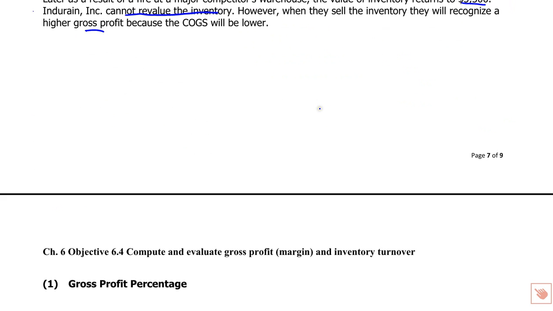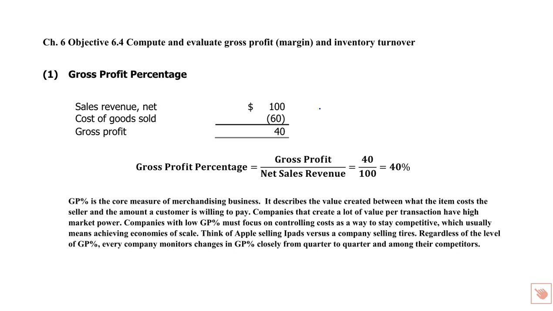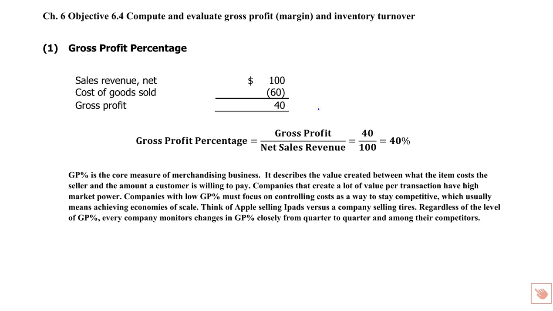So that's the lower of cost or market rule, and we'll go over the two performance metrics associated with this chapter. The first one is the gross profit percentage, and it's gross profit over net sales revenue. Here's a little mini part of an income statement. $100 in net sales, $60 cost of goods sold, $40 gross profit.